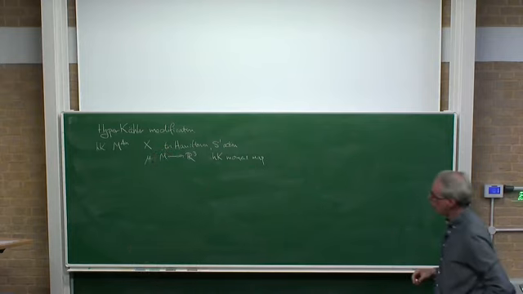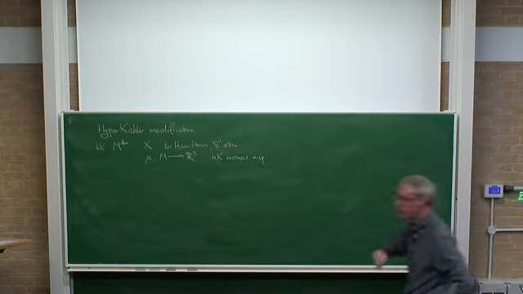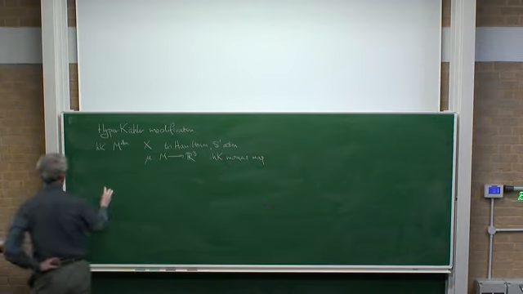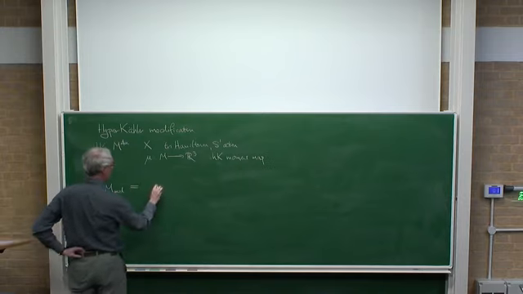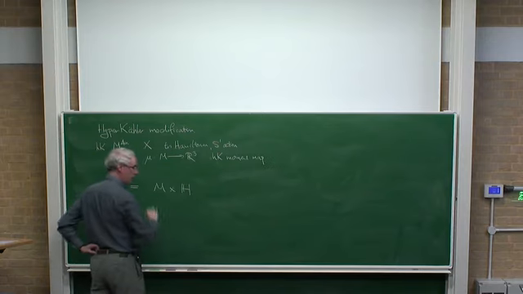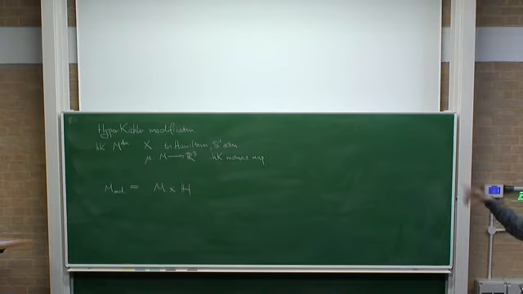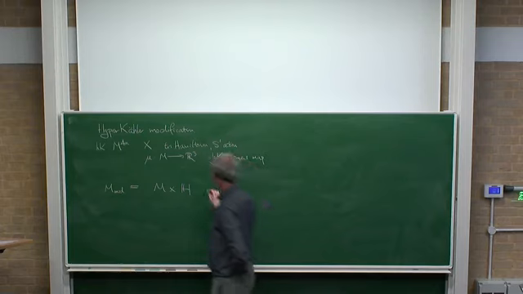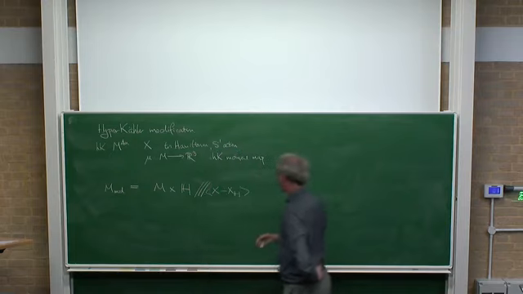Okay, so what the modification does for you is give you a new HyperKähler manifold in the same dimension, so this might be 4n-dimensional. The modification is take this M and take a product with R^4, the flat HyperKähler space, so just the quaternions, and then take the HyperKähler quotient by the action of X and the standard diagonal action, or minus the standard diagonal action, is the convention on H.